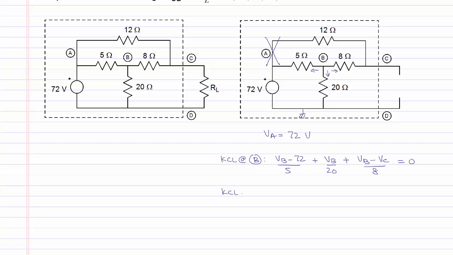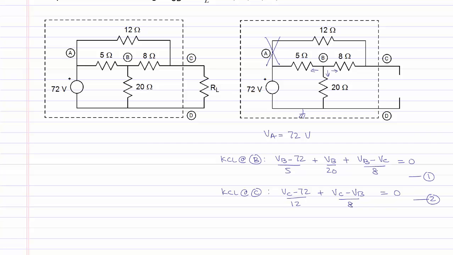Next, we will write KCL at node C, which will give us, assuming all currents are leaving node C, VC minus VA, which is 72 volts, divided by 12 ohms, plus VC minus VB by 8 ohms is equal to 0. This gives us two equations in two unknowns. The unknowns are VB and VC.